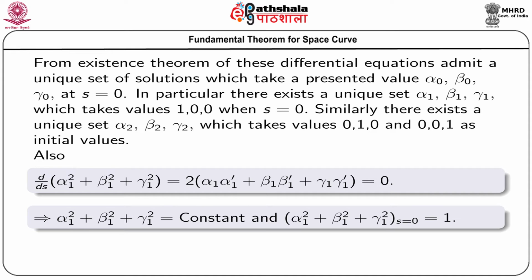And alpha 1 squared + beta 1 squared + gamma 1 squared at s = 0 is equal to 1, because we have taken that at s = 0 the alpha 1, beta 1, gamma 1 are taking the values 1, 0, 0. So, alpha 1 squared + beta 1 squared + gamma 1 squared at s = 0 is coming equal to 1.